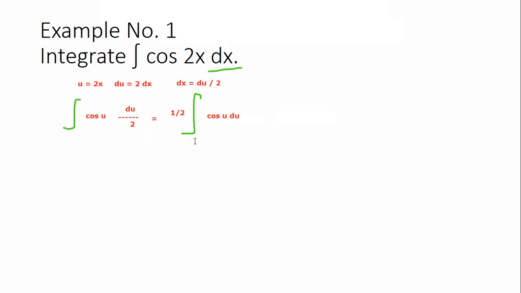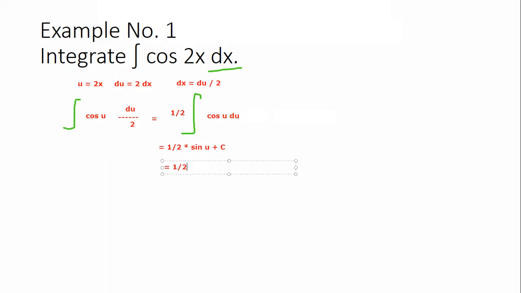The integral of cosine u is sine u plus c, so we multiply by 1/2. However, we're not done with integration since we've only done the substitution. We replace back u by 2x.